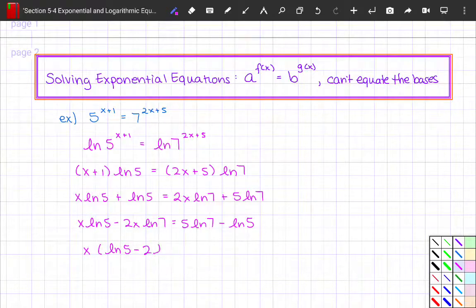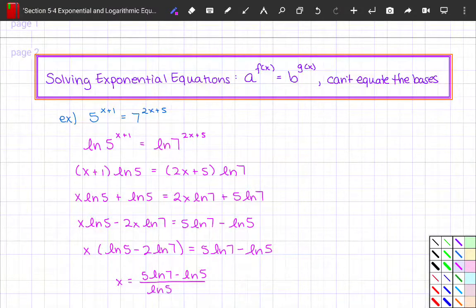That gets it in one place. And finally, we can divide. And there's our answer. Now there's different ways we can write our answer.